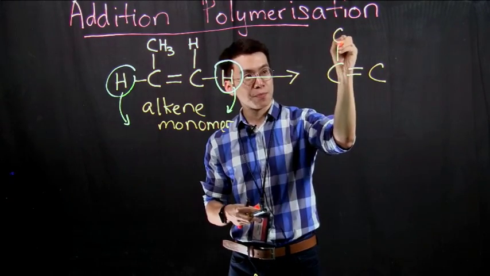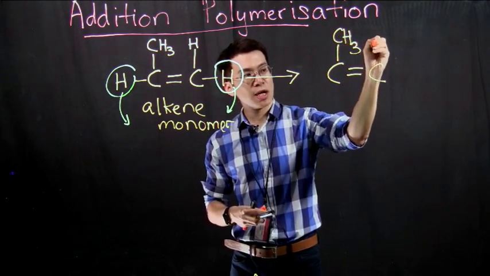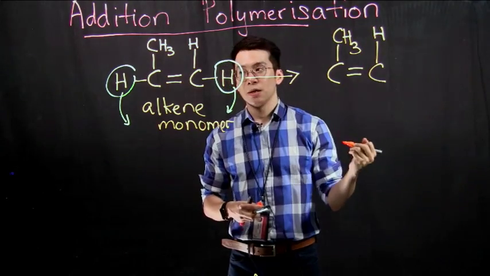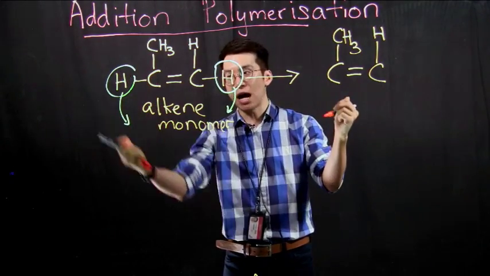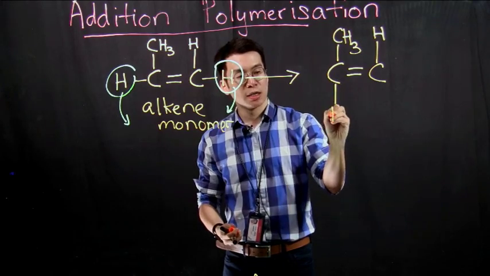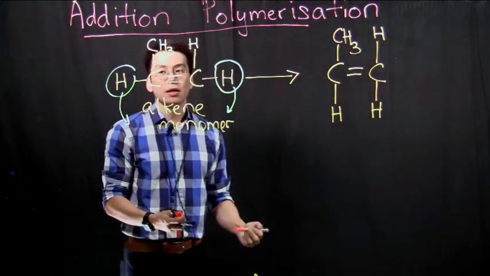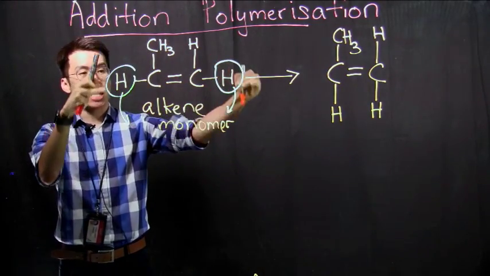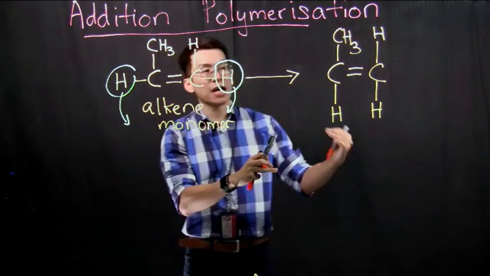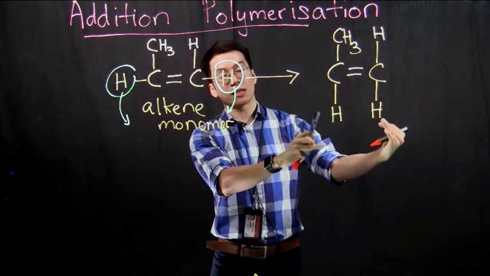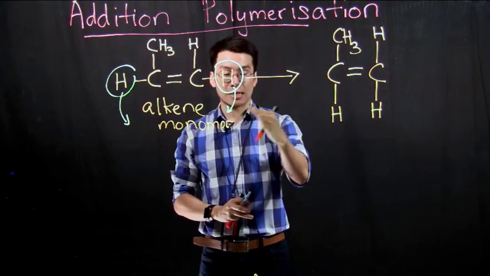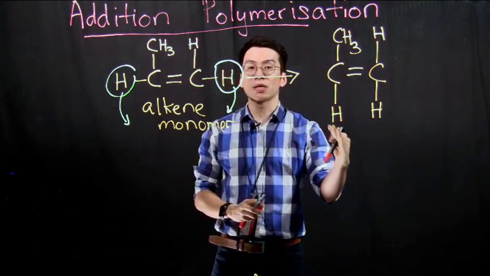On the top, nothing changes, but my H's have been pushed downwards, so now the H comes here. As you can see, I arrive at this molecule, and these two molecules are exactly the same.